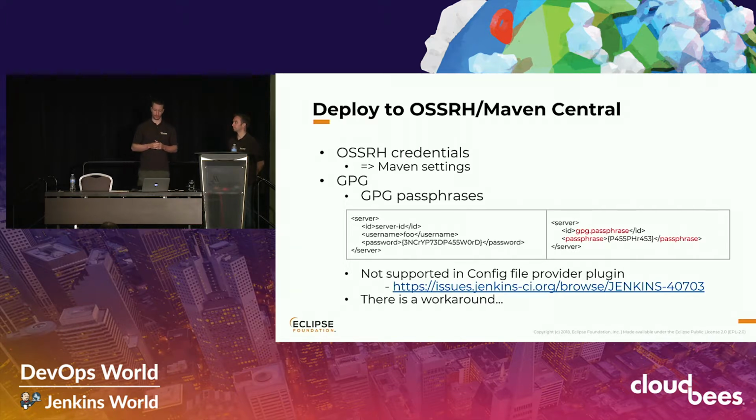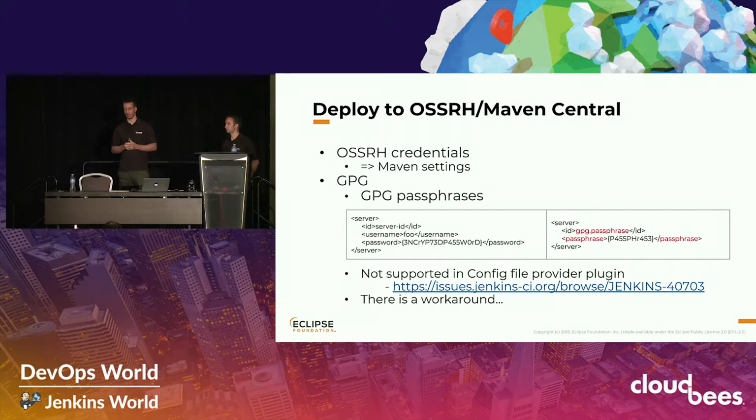To make this happen, you create an account on OSSRH, also with the credentials that you store in Maven settings. Another requirement is to sign the artifacts with GPG. For GPG, you need the GPG keys and a passphrase to protect them.